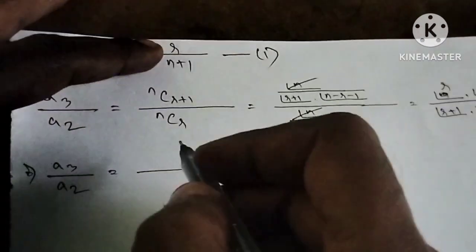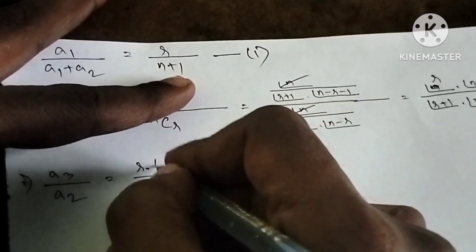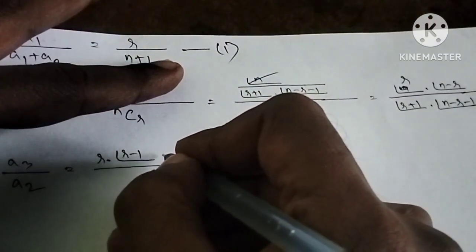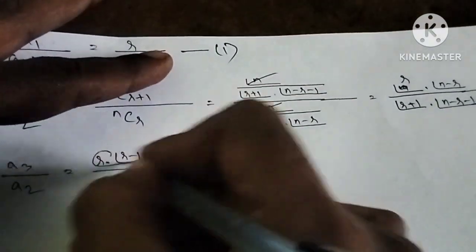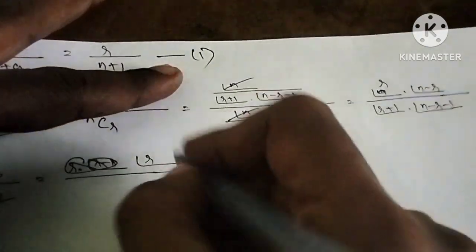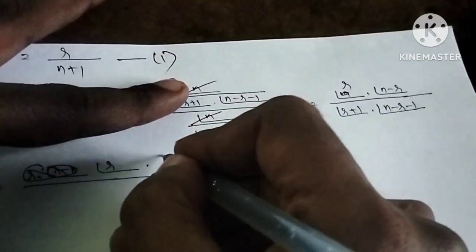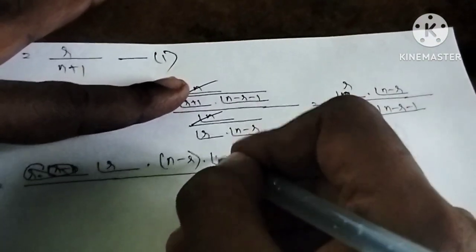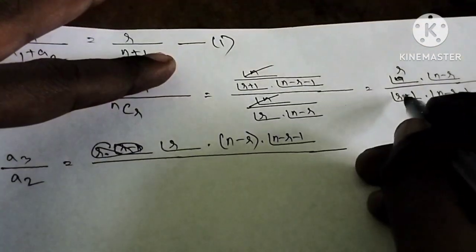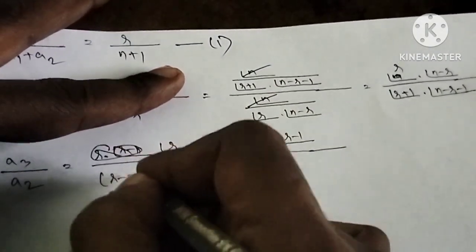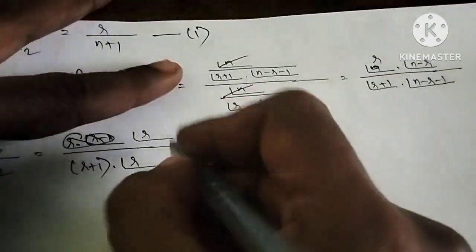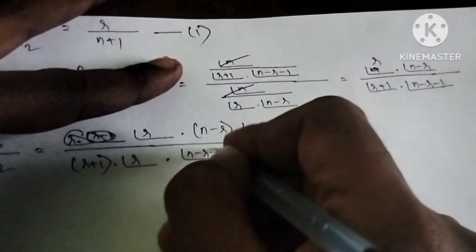Acha, r factorial can be written as r into (r-1) factorial. Then r factorial into (n-r) factorial can be written as (n-r) into (n-r-1) factorial, and in the denominator (r+1) factorial can be written as (r+1) into r factorial. Okay, and then it is (n-r-1) factorial.